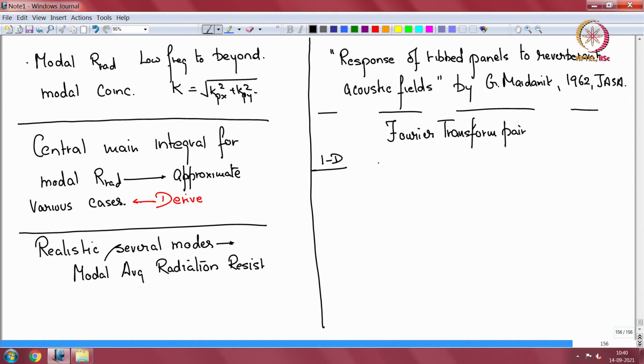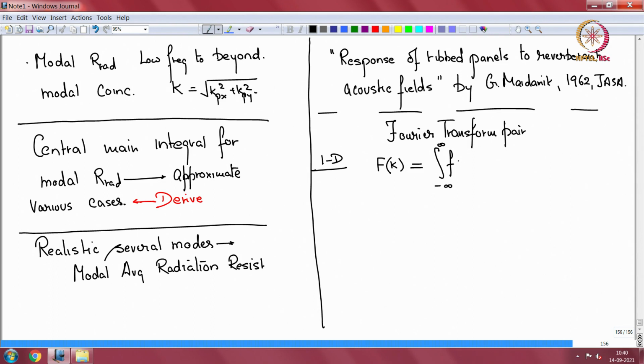For the 1D case, the forward transform, I am doing the space version, so it's called the wave number transform also, but the name doesn't matter. From space to wave number.